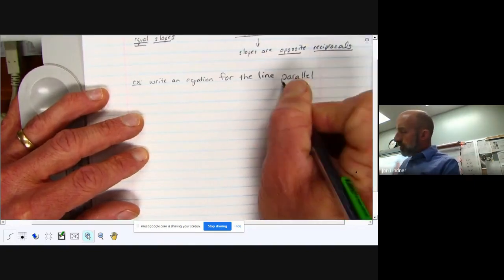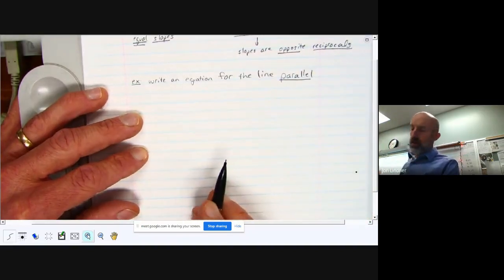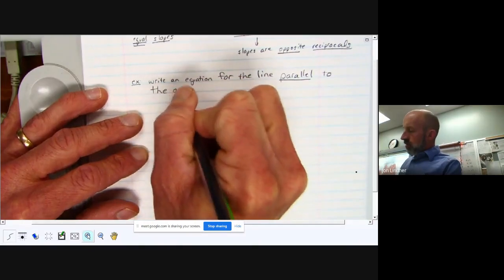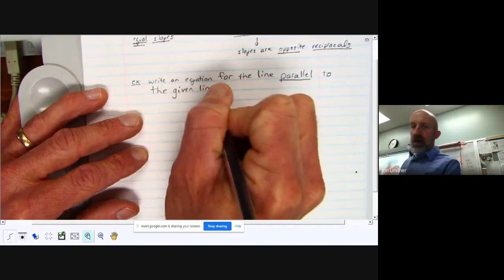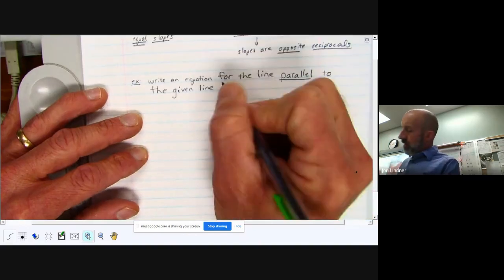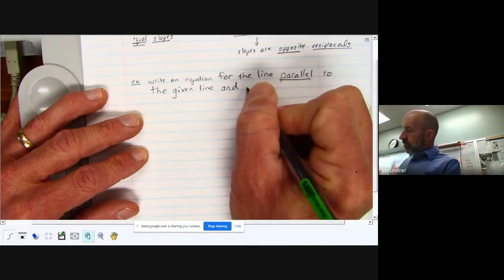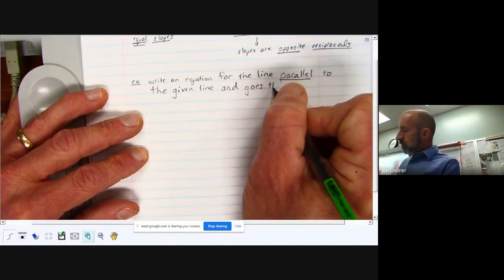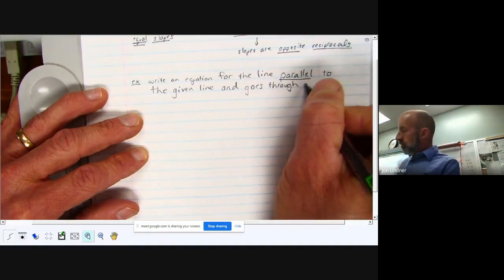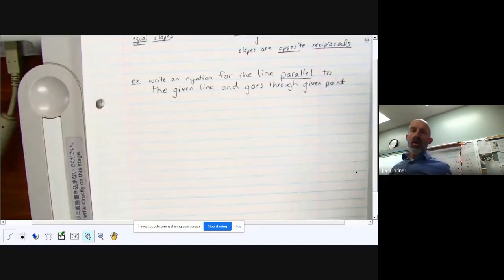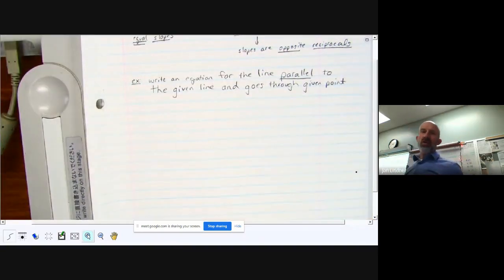We'll do one first for the line that's parallel to the given line and it goes through the given point. I write out these instructions a lot of times because when you go to your assignment and you see the instructions in the book, I want you to know what to do.